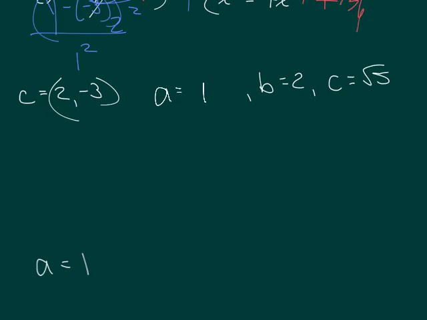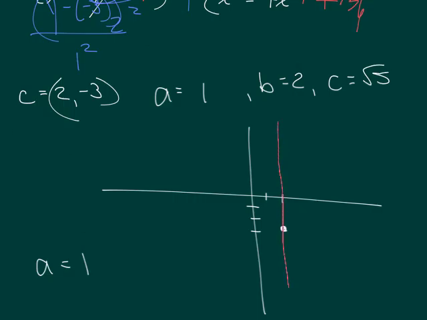Okay, so I'm going to graph. My center point was at 2, negative 3. So my center point is right there. And I know that I have a vertical transverse axis, so my transverse axis is going to go this way.